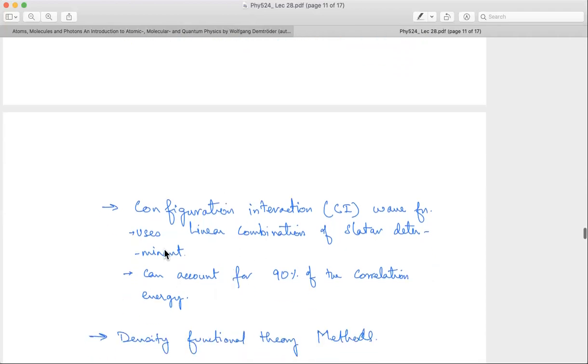So these are state-of-the-art methods. They can account for up to 90% of the correlation energy, and they work really, really well for molecules. So in chemistry, people use the configuration interaction approximation quite a lot. State-of-the-art packages to determine the atomic energy levels will use these configuration interaction methods.